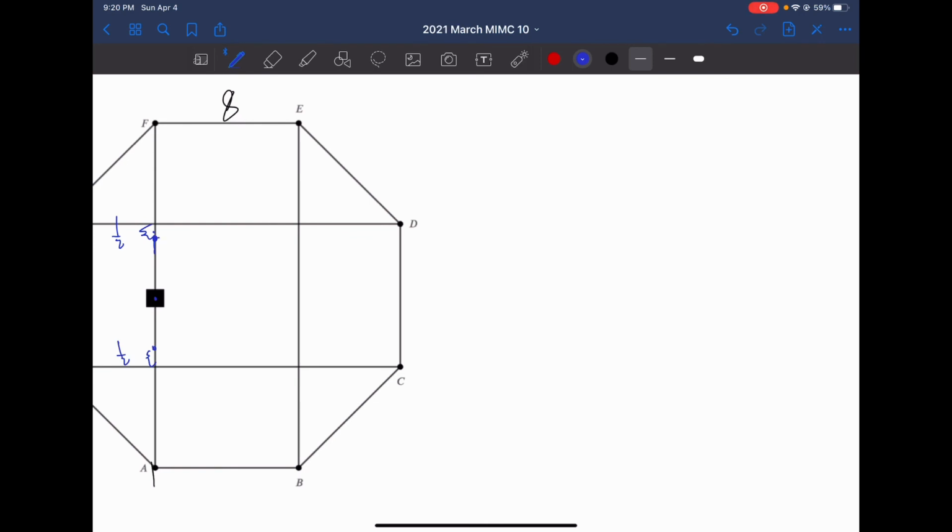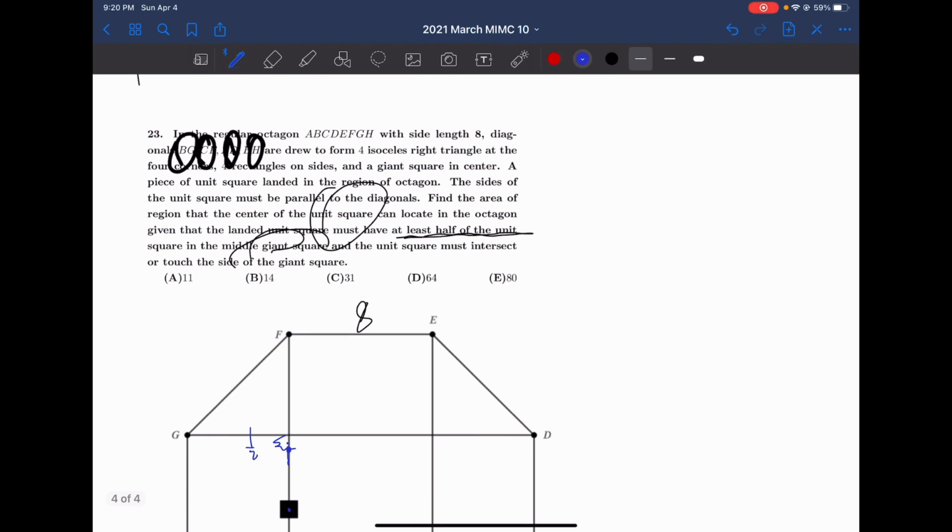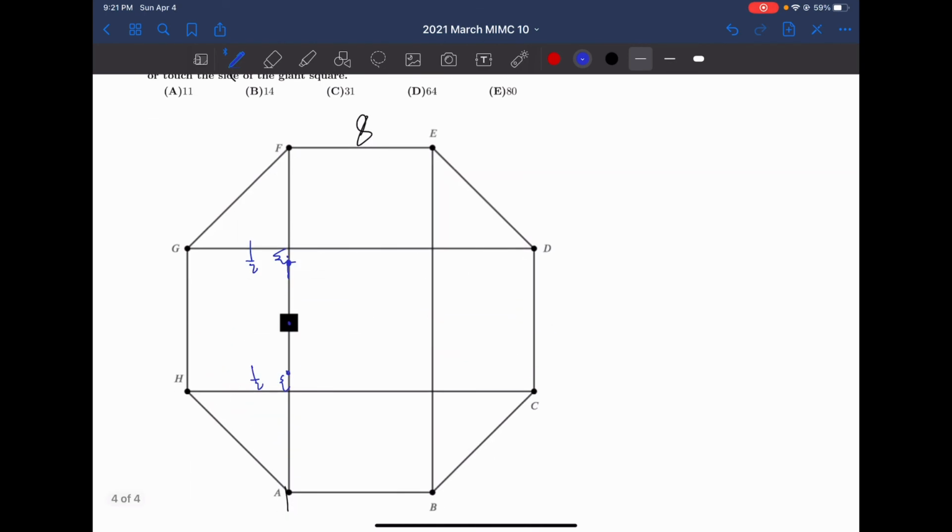Now, there is another condition where it says it must intersect or touch the side of the giant square. So the unit square cannot be too far away from the side.